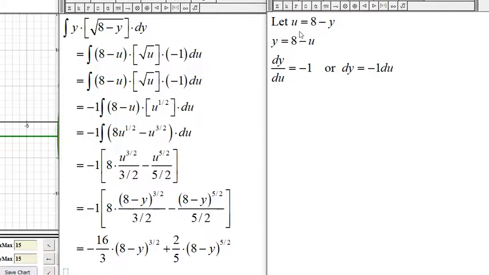But u is 8 minus y, and so we'll replace u with 8 minus y. 8 divided by 3/2 is 16/3. And we have a negative 1, so that becomes negative. And dividing by 5/2 is the same as multiplying by 2/5. And this is negative 1 and negative here, so we end up with positive. So the integral of y times the square root of 8 minus y is this.